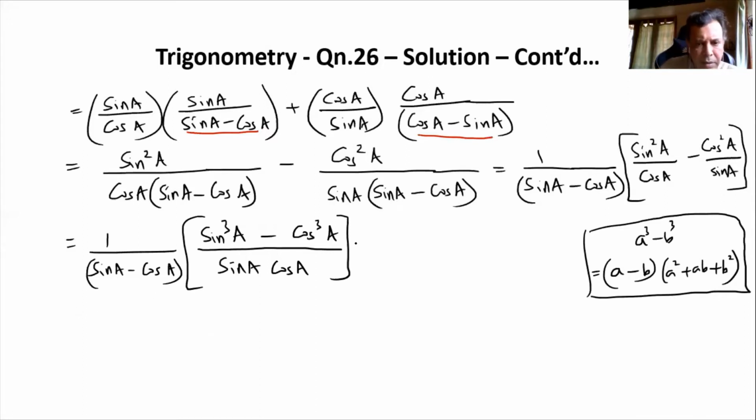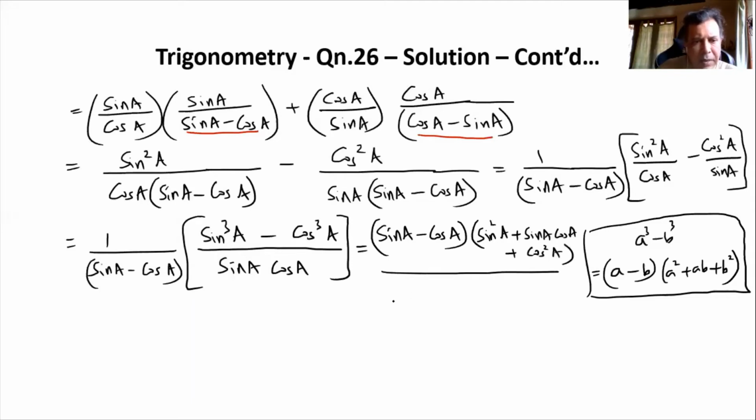So that means the numerator can be written as sine A minus cos A multiplied by A square, which is sine square A, plus AB, that means sine A cos A, plus B square, that is cos square A, divided by sine A minus cos A multiplied by sine A cos A.